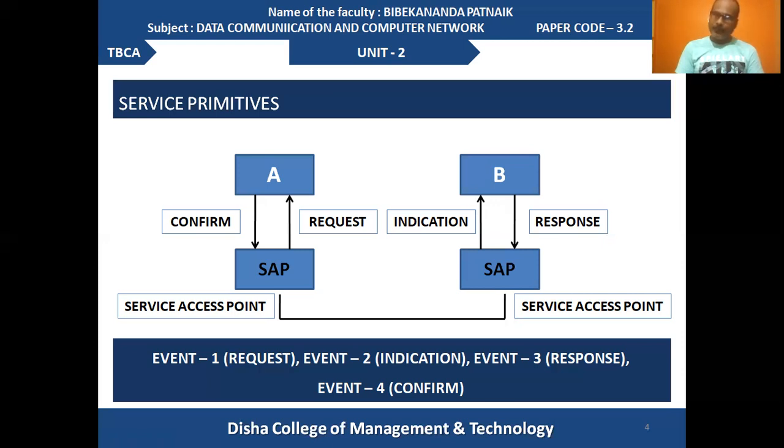The indication is again provided by the service provider to B. After this indication, B is required to provide a response, because whenever I am making queries or asking questions, there should be a response, either yes or no. If you know the answer to that query, you can describe it properly, and if not, you can say straight that you don't know. So that's why after the indication is provided, B is required to provide a response.